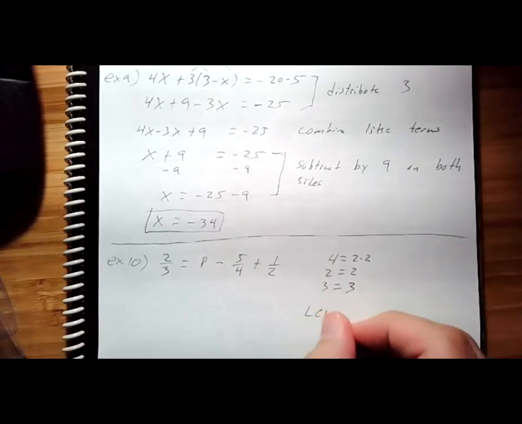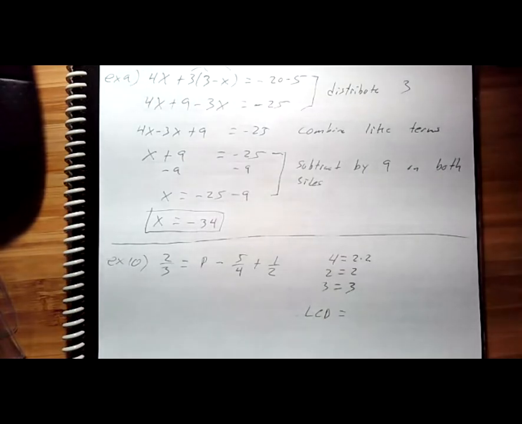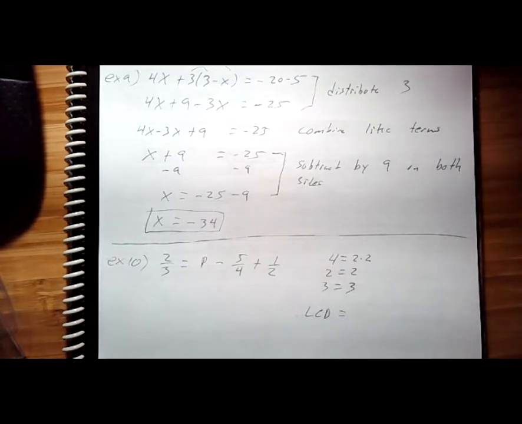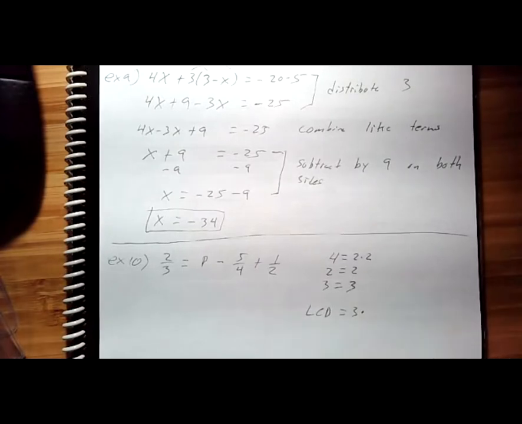So what is the LCD? Would it be 3? For sure it has a 3, right? How many 2s does it have? Yeah, it wouldn't be 3 times 2, yeah.